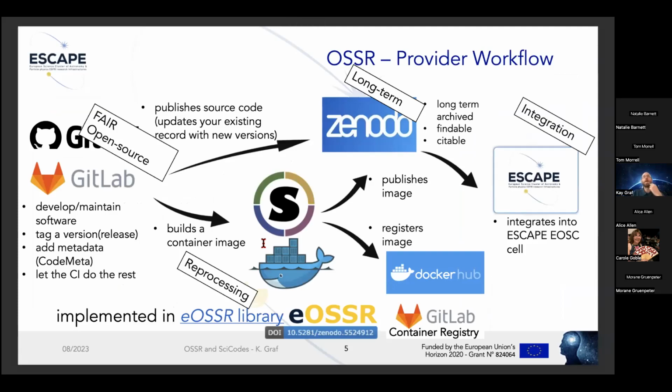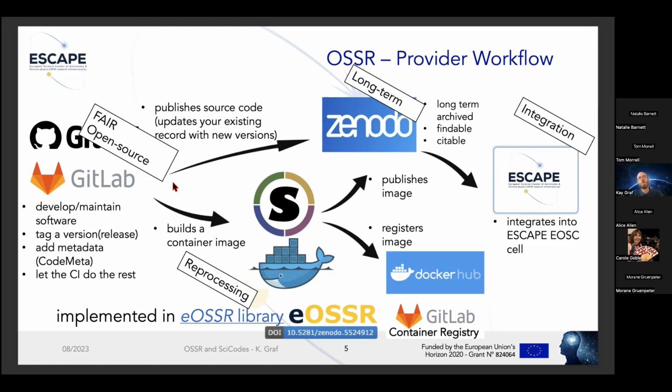So for a provider, what does the workflow look like? You develop your software, you maintain your software, you tag a version, a release, and you add the metadata, and we chose CodeMeter for that. There are also crosswalks from our side from CodeMeter, for example, to the Zenodo metadata or also to CFF. Then, in a typical development workflow, let the continuous integration do the rest: publish the source code, update your existing record, and put it into a long-term archive, our Zenodo archive.